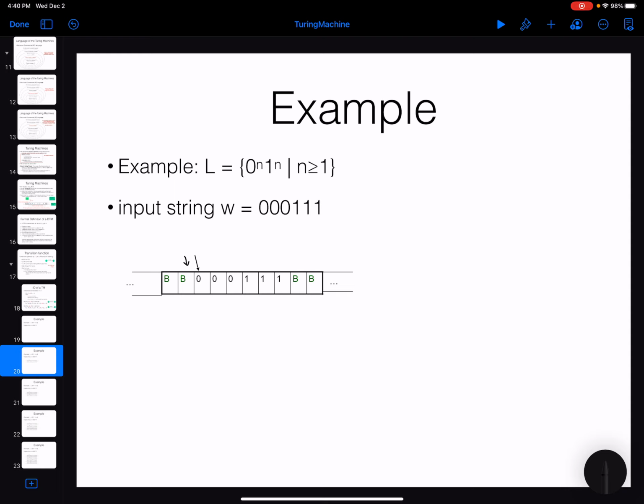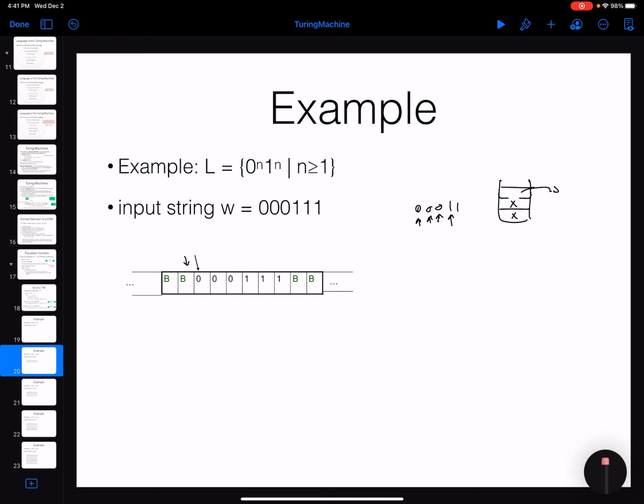Usually when we create a pushdown automaton for this language, we read all the input symbols, and for each 0 you see, you push an X to the stack, and whenever you see the first 1, you keep popping the X's from the stack.